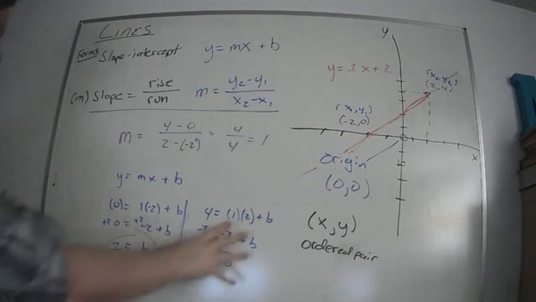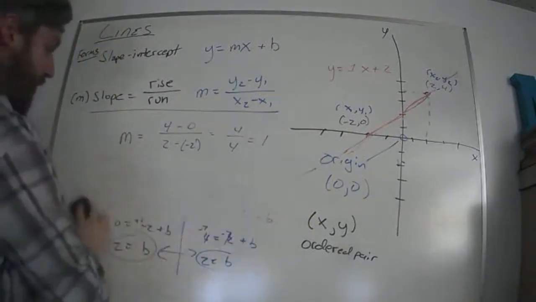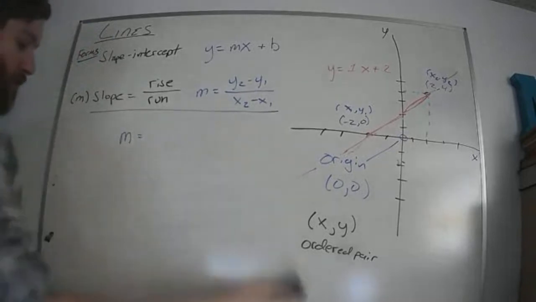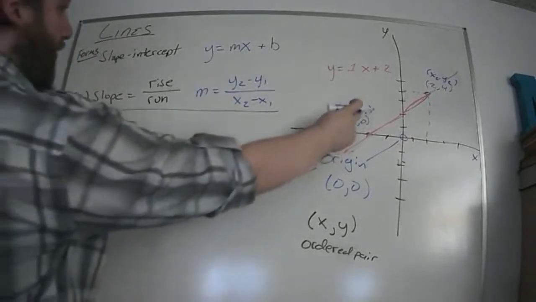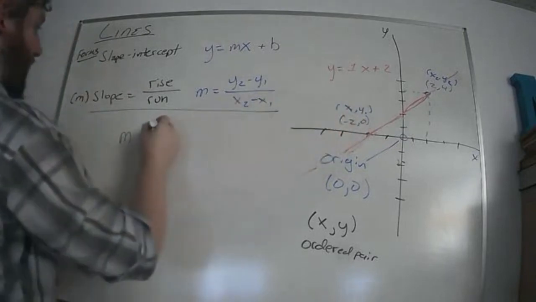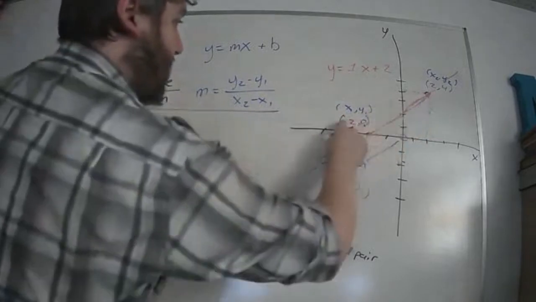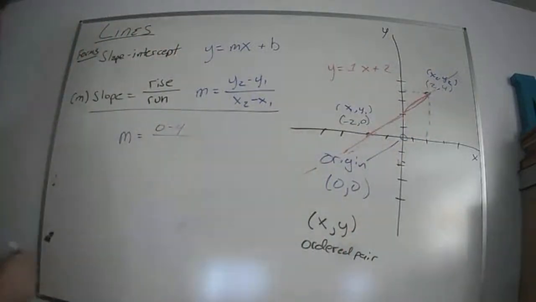And I'll demonstrate that. So I'm going to erase this part and show you I can calculate the slope of this line by reversing these 2 points. All right, if I call this y2, I will have 0 minus 4.